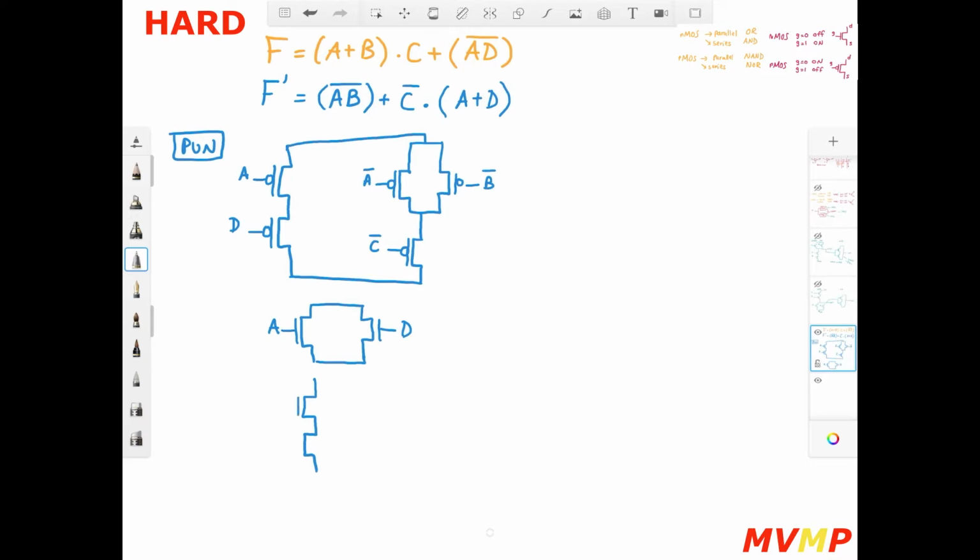And we also see that the A bar and the B bar were in parallel, so those will now be in series in the pull-down network. And we see that those two were in series with the C bar, so now they have to be in parallel with one another. And we draw that, and this will complete your pull-down network.